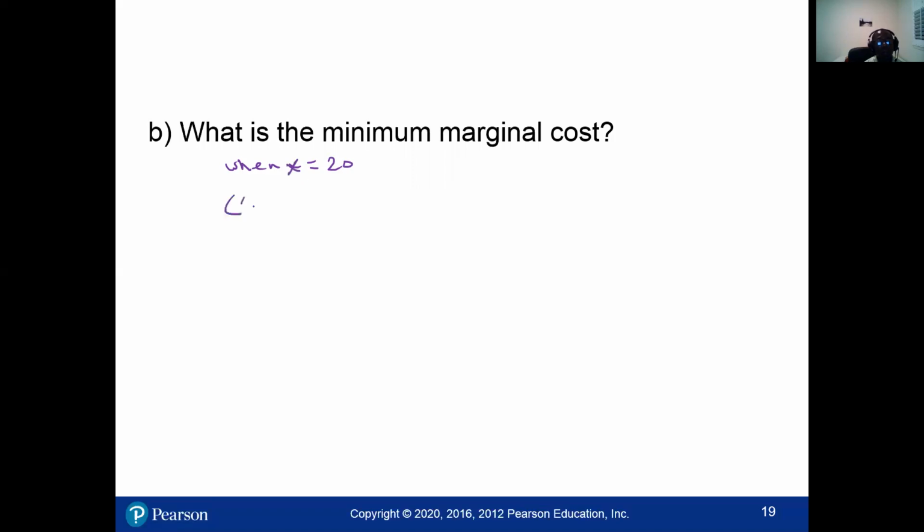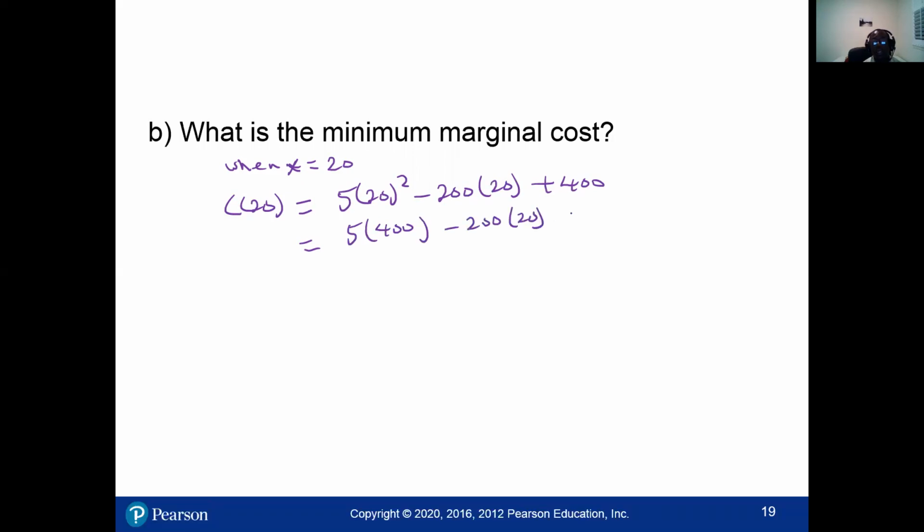You have C of 20 into the function. That gives me 5 times 20 squared minus 200 times 20 plus 400. So let's calculate that. What is 5 times 400? Because 20 squared is 400.